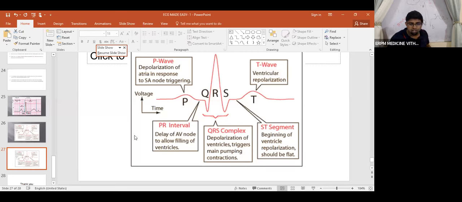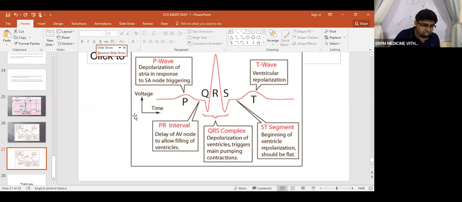So this QRS is representing the depolarization of the ventricles. Understood?